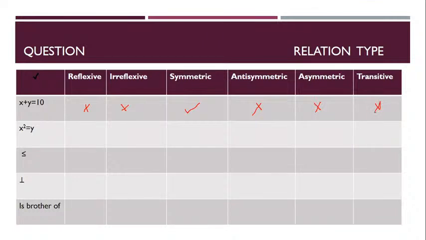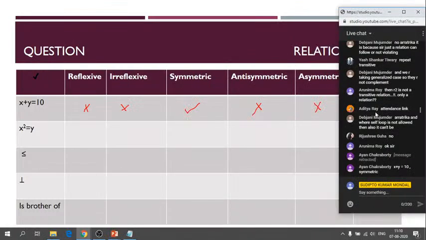Fine. I hope the approach is clear, why and how we are checking a relation and what type of relation it is. So transitive: x plus y equals 10, y plus z equals 10. If it is, then can I conclude from these two statements that x plus z equals 10? The answer is no. Fine.